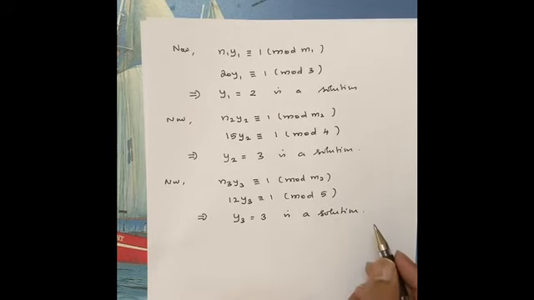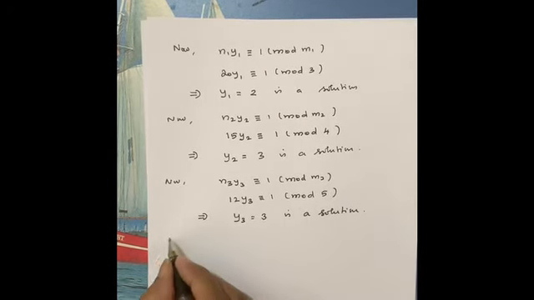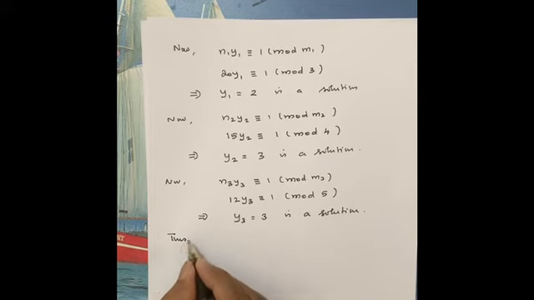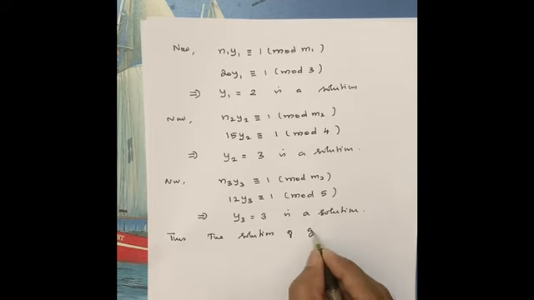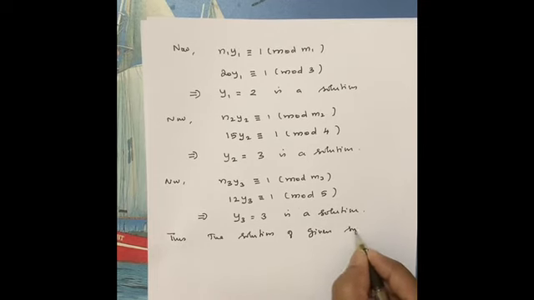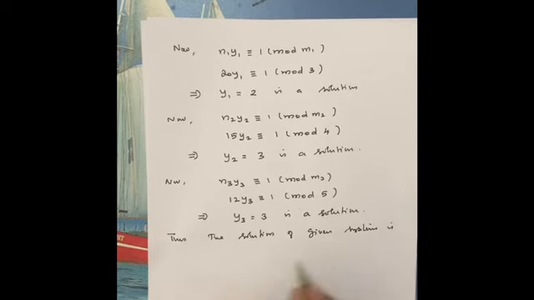So we have found y1, y2, y3. Thus the solution of the given system is x congruent to a1 n1 y1 plus a2 n2 y2 plus a3 n3 y3.